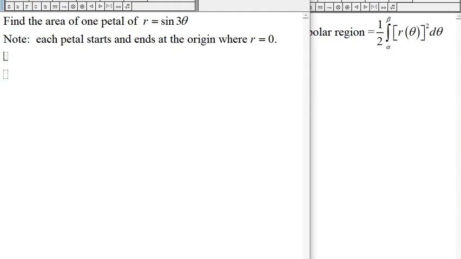So to find where each petal begins and ends, we can set r equal to 0.